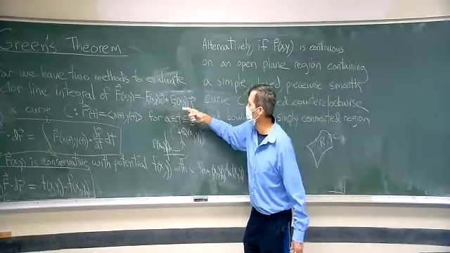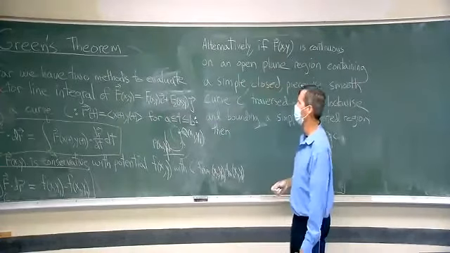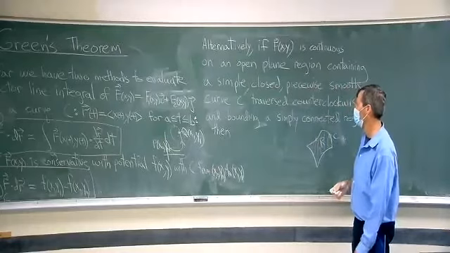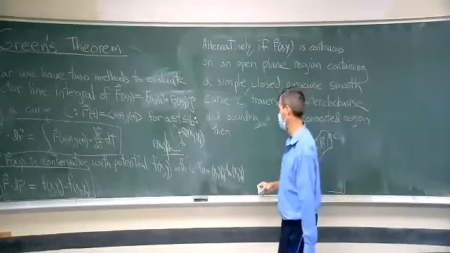F1 of x, y and F2 are the things that multiply i and j. Then here's the theorem that applies.